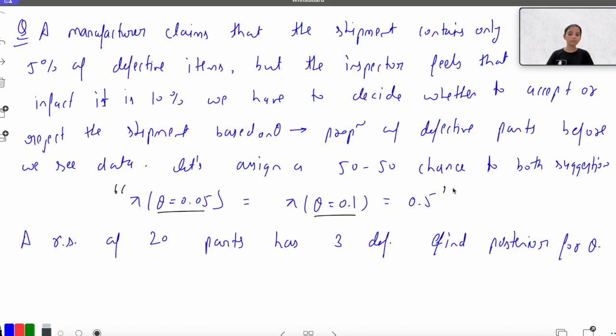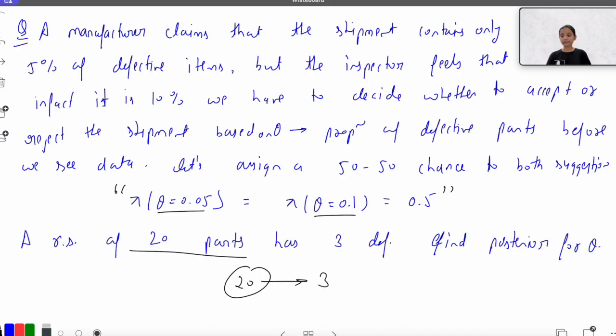So this is my prior distribution. Now after this prior distribution that we have assigned before collecting the data, we have collected some data of 20 products, and from these 3 products are found to be defective, and we need to calculate the posterior corresponding to this scenario.